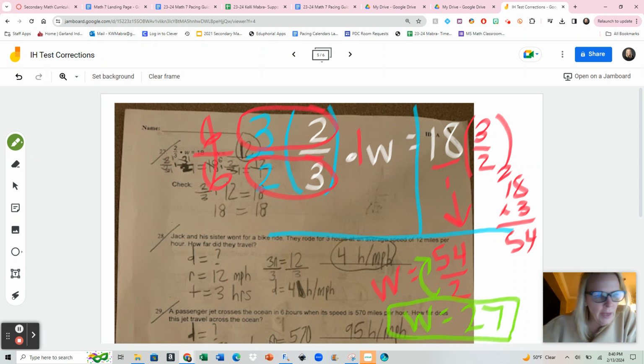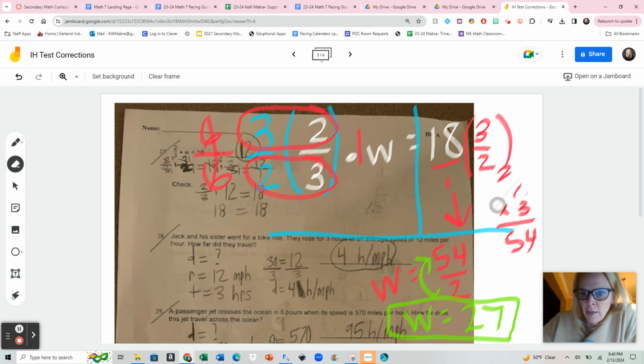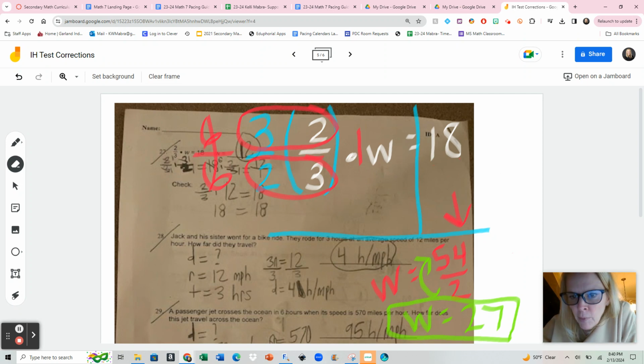I'm not certain if your teachers taught you how to cross reduce, but I want to show it to you because I think you might like it, as it makes your numbers a little easier. Let's go back up to where we have 18 and we're multiplying by the reciprocal.